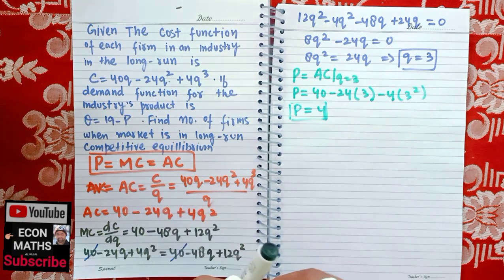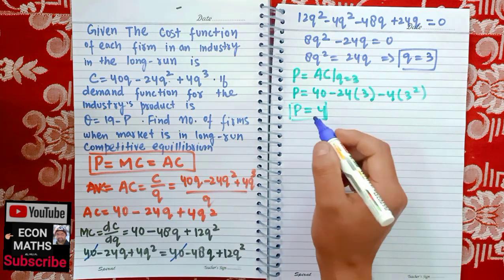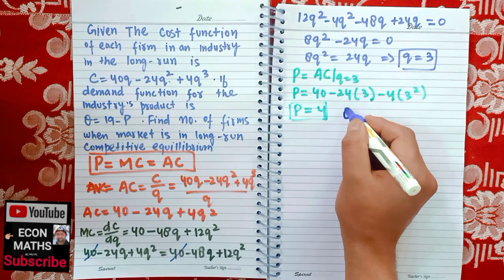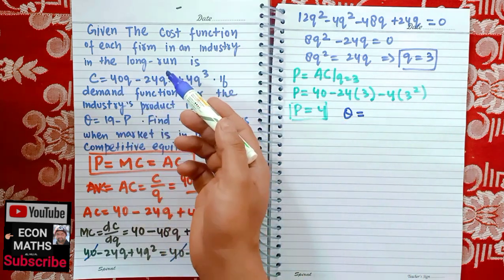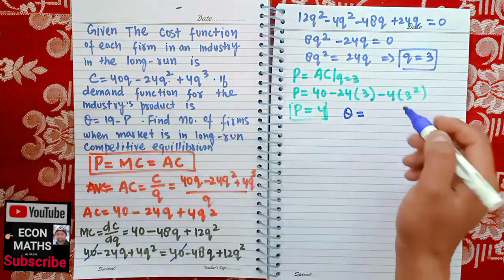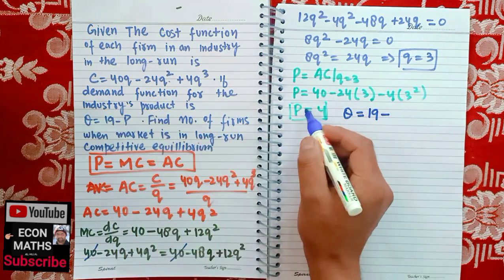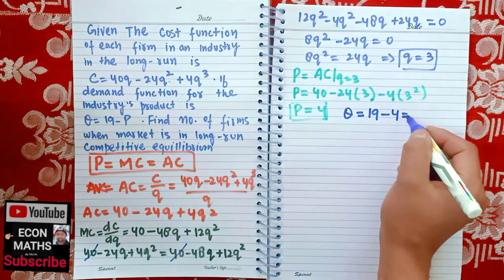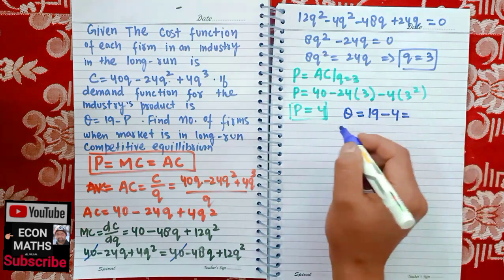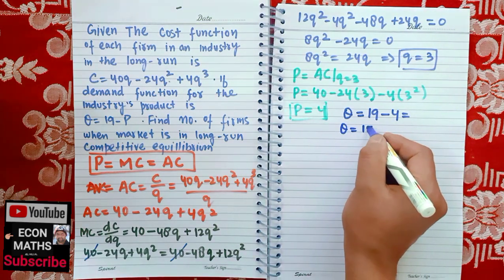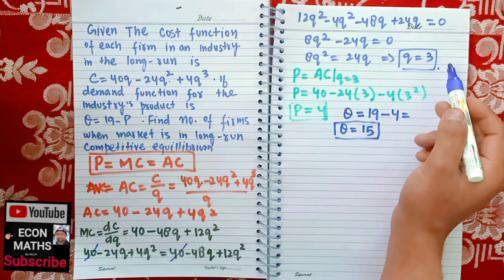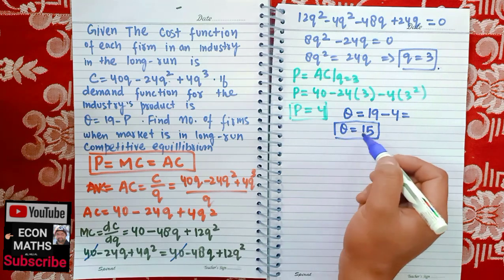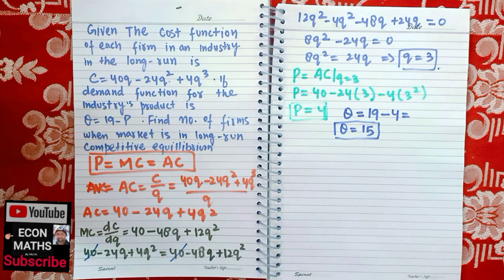Now what is the total industry output? The industry output Q is given by 19 - P. With the price we got as 4, the industry output is 15. This is the individual firm's output, and this is the total output in the market. Then what will be the number of firms?